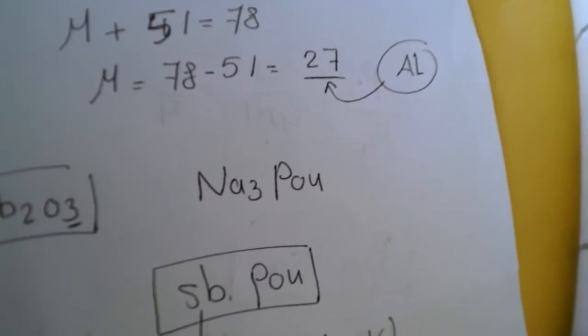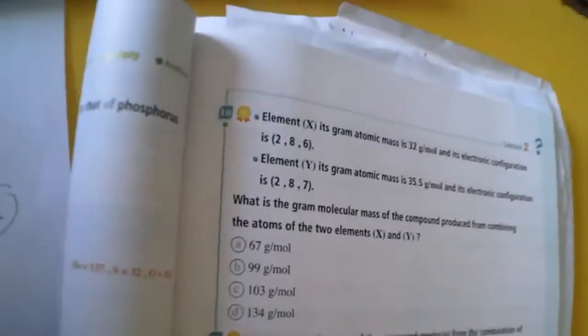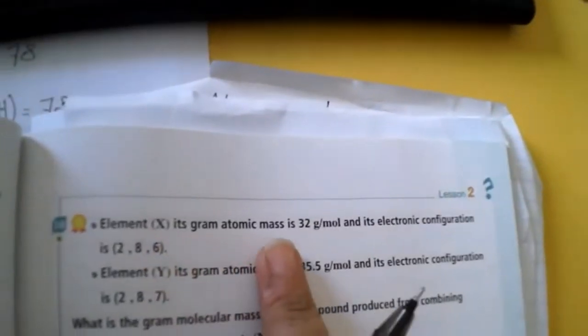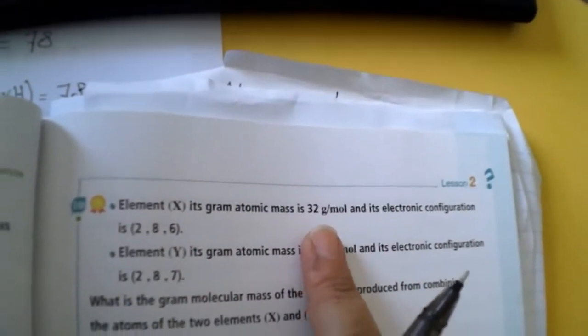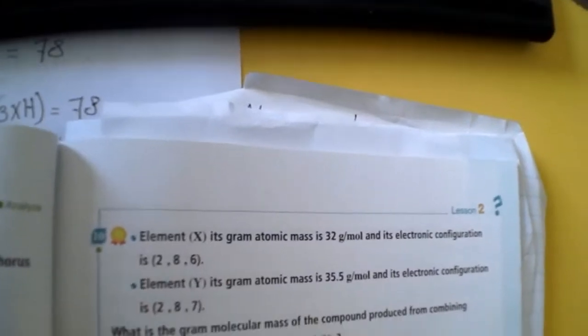Then we have another question about element X. Its gram atomic mass is 32 and its electronic configuration is 2, 8, 6. Why does it give you this electronic configuration?